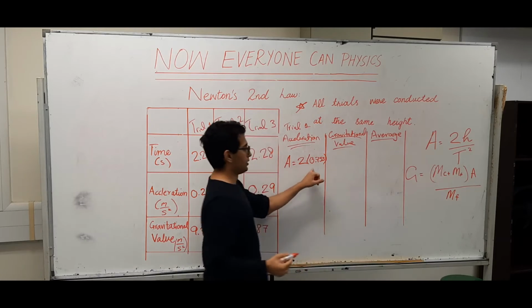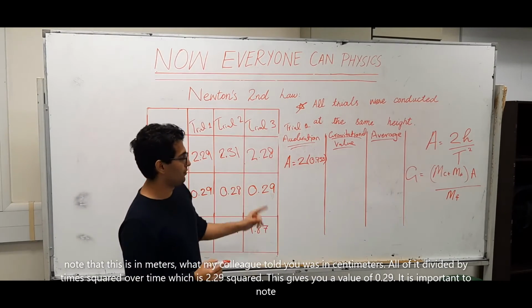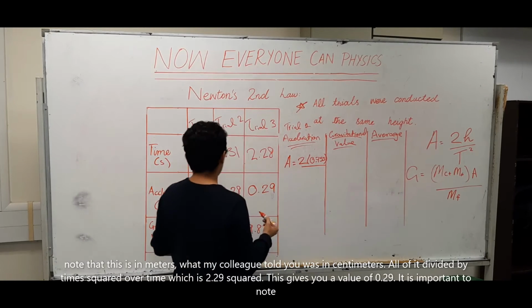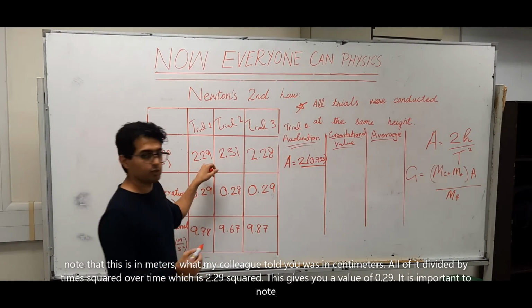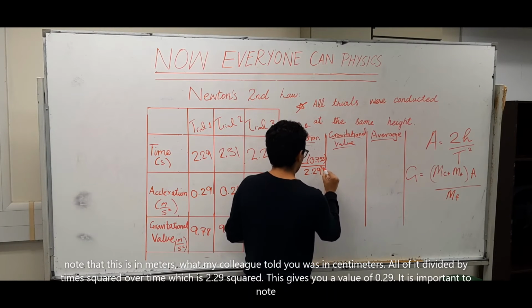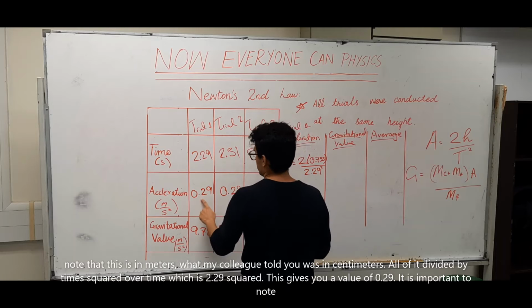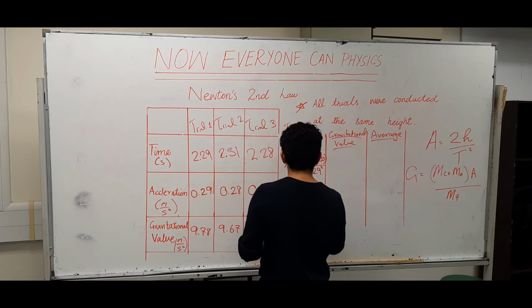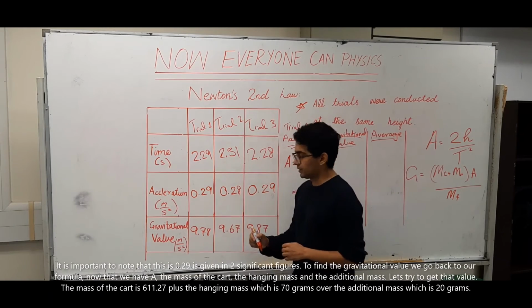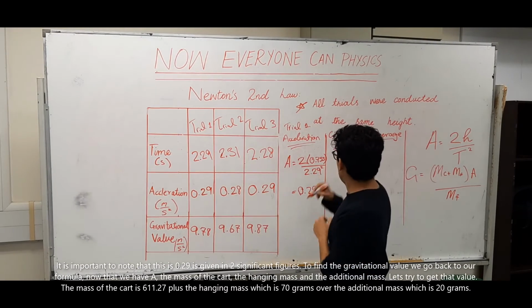Note that this is in meters. What my colleague told you was 75 centimeters. And all of this divided by time squared. Our time is 2.29, as you saw on the stopwatch. This gives you a value of 0.29. It's important to note that this 0.29 is to 2 significant figures.